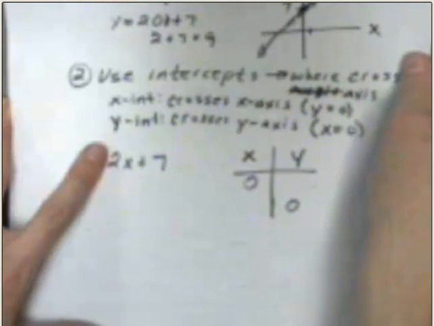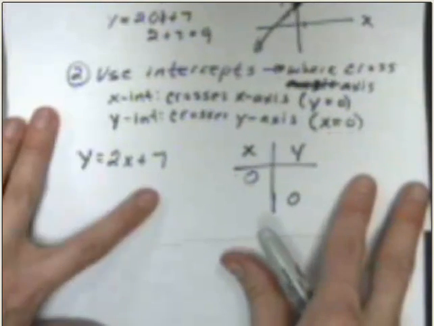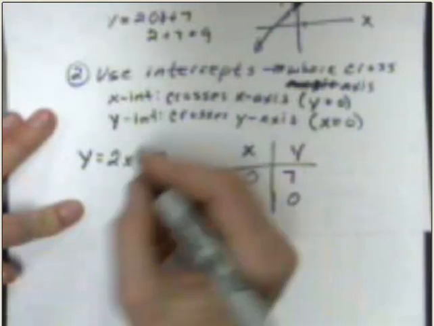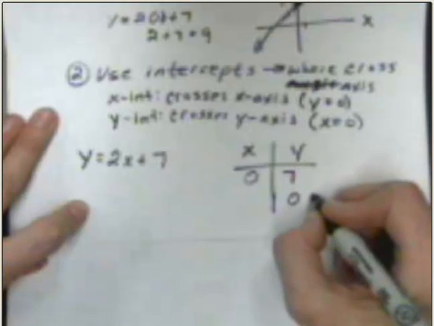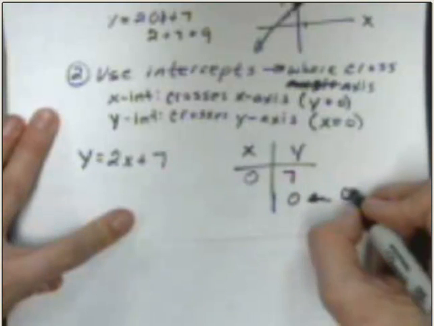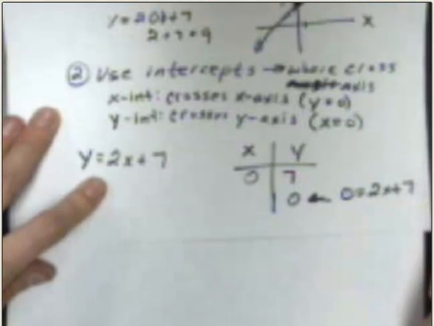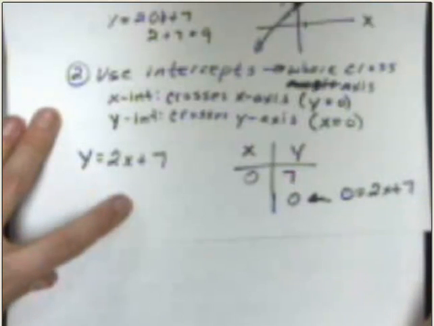Okay. So I don't have to do that one again. That's the same process as what I just did. This is 7. As far as the y, though, let's see. To find when y is equal to 0, I'll put 0 in for y in my function, 0 equals 2x plus 7.